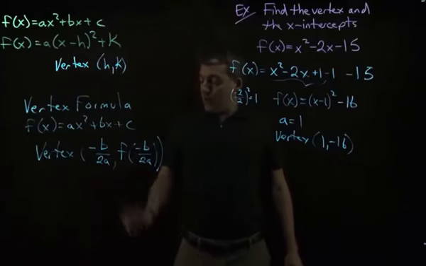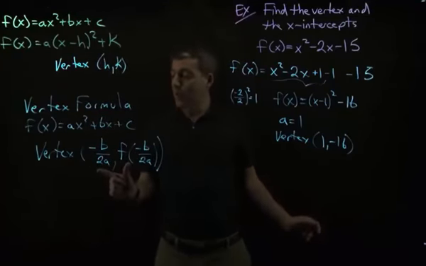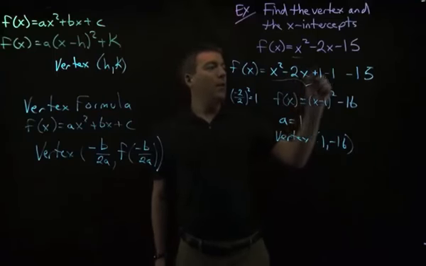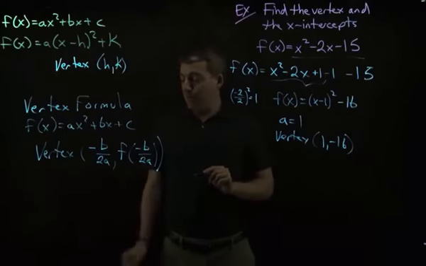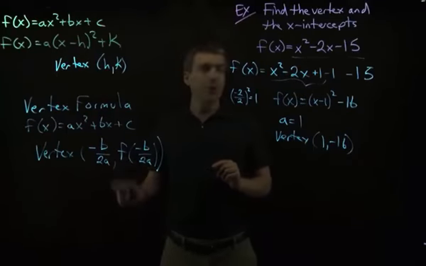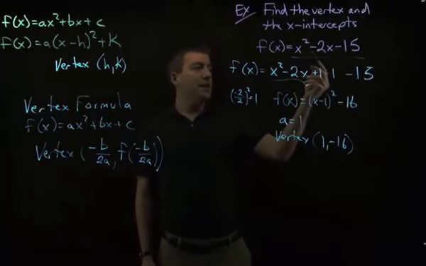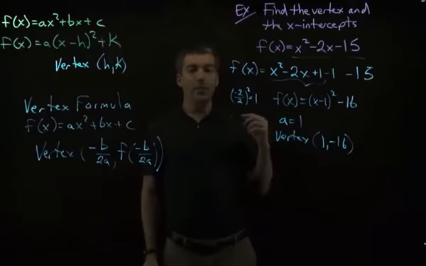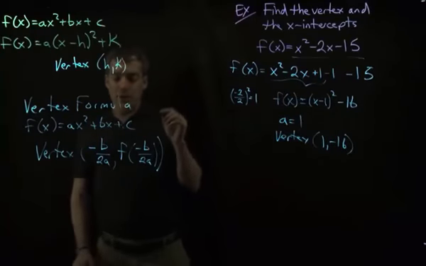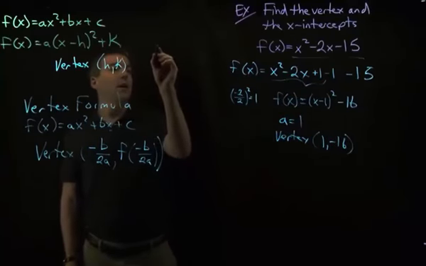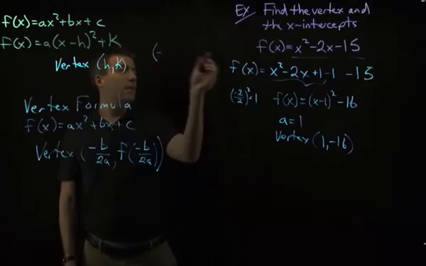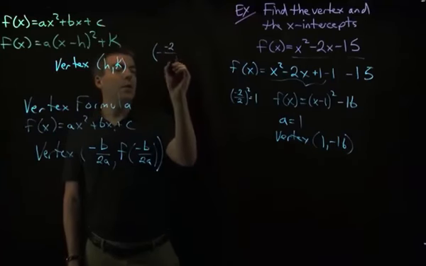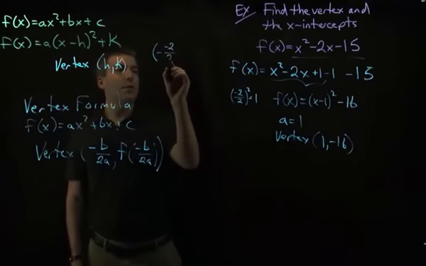Let's use this vertex formula on what we've already looked at over here. We want negative b over 2a. B in this case is negative 2, and a is 1. So we'll have negative 2 over 2 times 1.